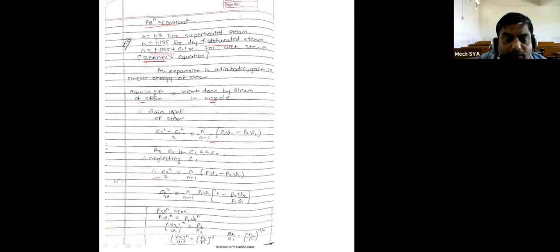And therefore, C2 square divided by 2 is equal to n upon n minus 1, P1 V1 into bracket, taking P1 V1 common, 1 minus P2 V2 upon P1 V1.